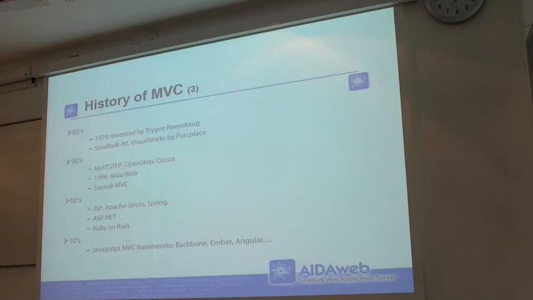So when you refresh, you get a new synchronized view of your domain objects. But in 2010, so nowadays, we have a big outpouring of JavaScript MVC frameworks like Backbone, Ember, Angular, and so on.